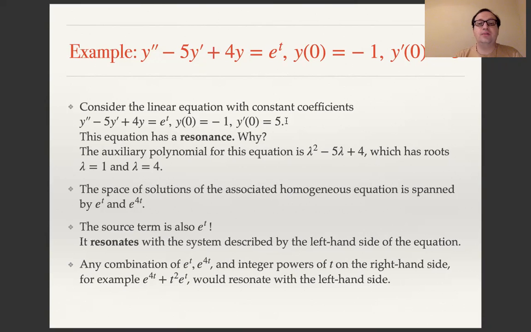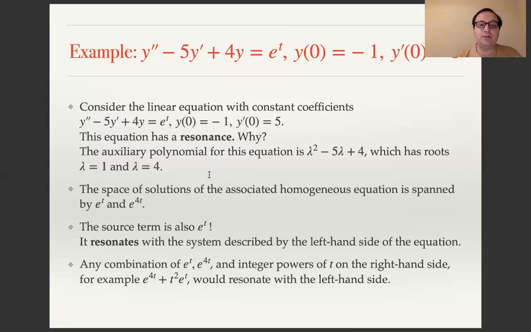However, as I see, this makes a significant difference because the equation with e to the minus t did not have any resonance, but the equation with e to the t has a resonance between e to the t on the right-hand side of the equation and the linear operator on the left-hand side of the equation. So why is this so?